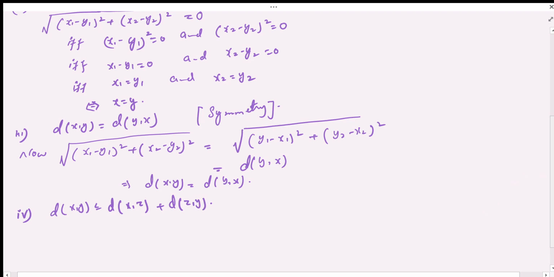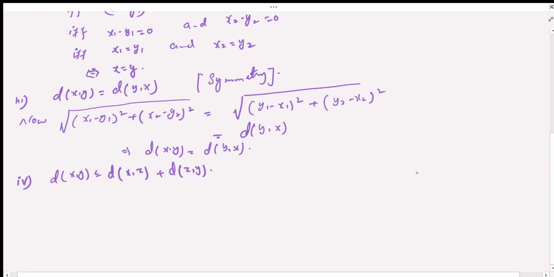This thing I need to show, but let me write it down separately. I will give the definition of this, then this, and then this. So if I define d(x, y) as per the metric given, how can I define this?